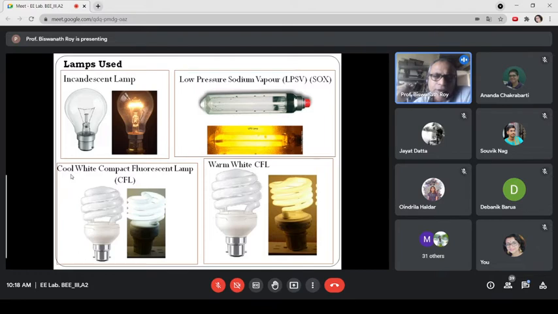But a better representation is available technically, which I am coming to. So this is just a description of the color of the white light, warm white or cool white. In short, it is WW or CW. So these 4 lamps are being experimented with in this lab.